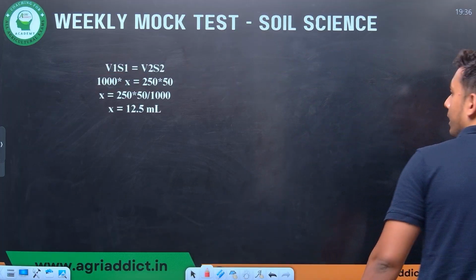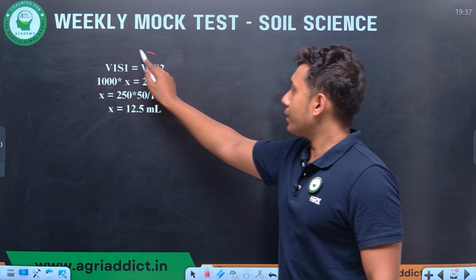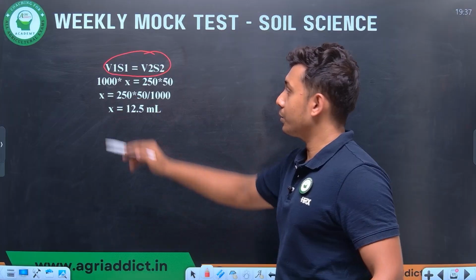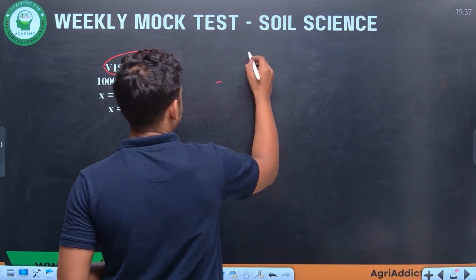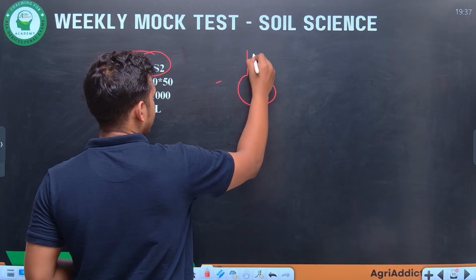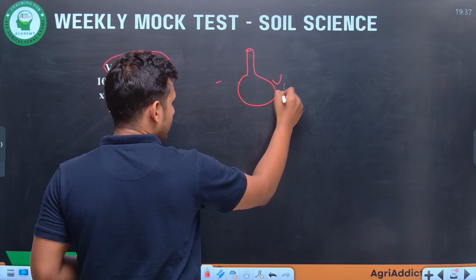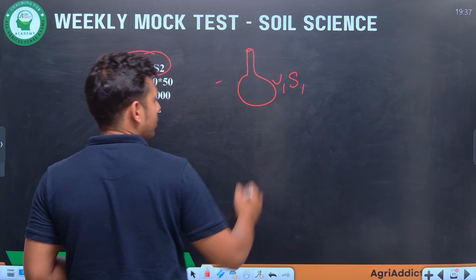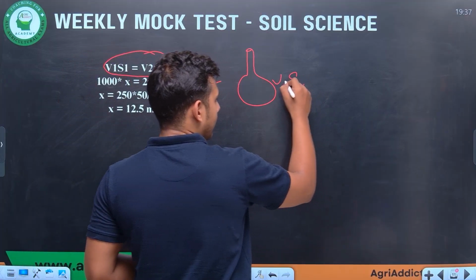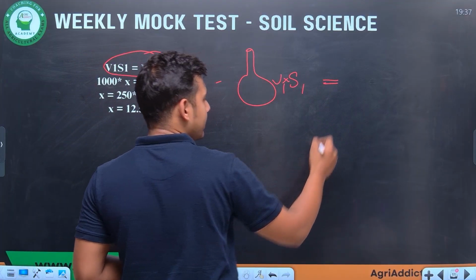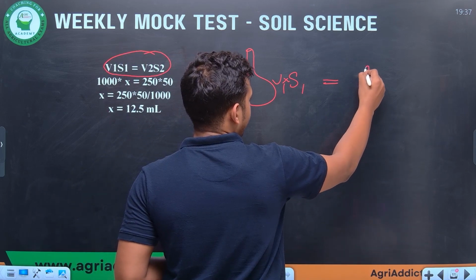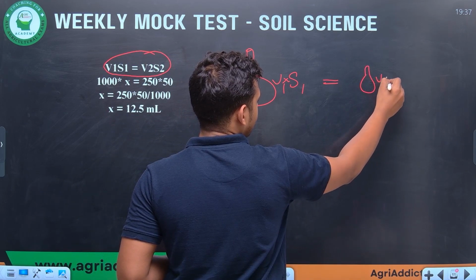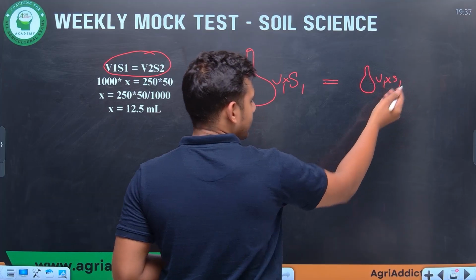The calculation is done with this equation, V1 S1 equals V2 S2, meaning the volume of the stock solution multiplied by the concentration of the stock solution will be equal to the volume of the new solution that we prepare multiplied by the concentration of the new solution.